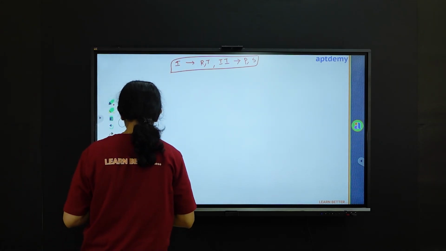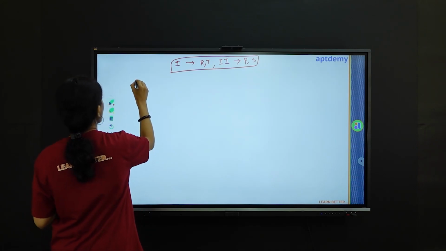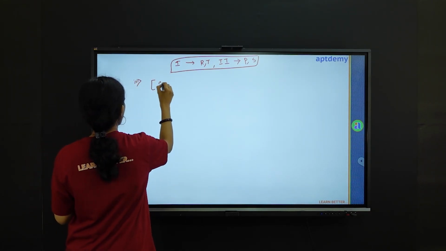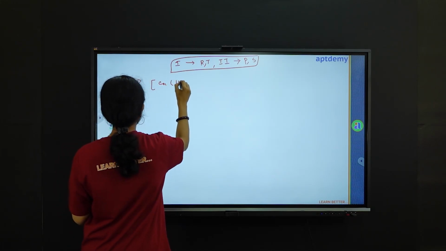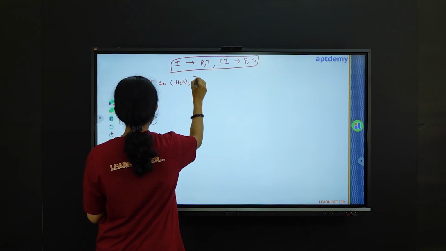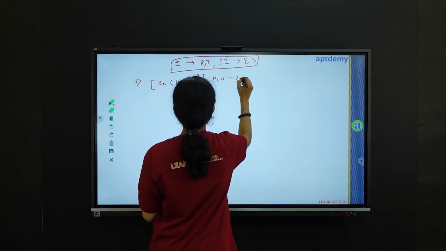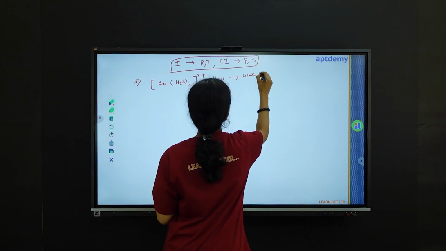Now for the third complex ion, that is Cr(H2O)6 2+. Here H2O is a weak field ligand.